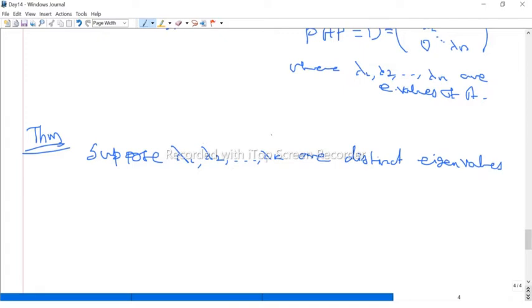Suppose we get k distinct eigenvalues, maybe the other eigenvalues are the same. That's why I'm taking k instead of n. So these are eigenvalues of an n by n matrix, not a k by k matrix. Here k is less than or equal to n, for the n by n matrix A.